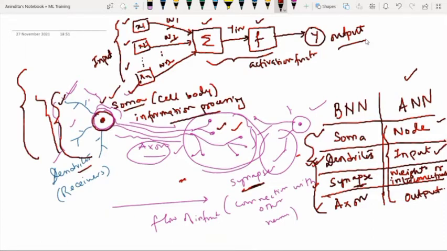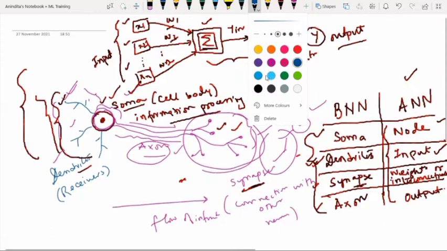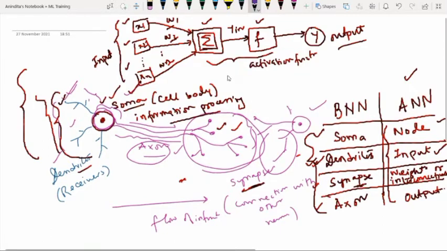So in this diagram, now we have to understand what we are actually doing. Now concentrate over here. Here it is a summation. Now we have to find out what summation we are actually performing. So summation means this is the y_in, it is calculating y_in. So first we have to understand what this y_in is. See, here we have a number of inputs and here we have a number of weights.